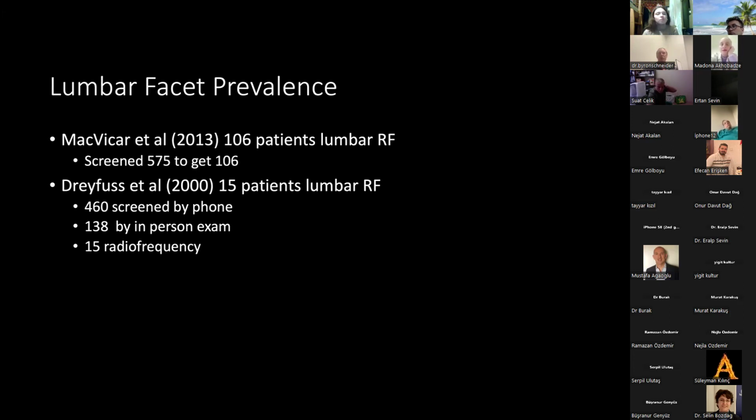And then in Paul Dreyfus's kind of early but pretty seminal study, even if you just look at the 138 people they screened in person, they ended up only treating 15 of those for facet pain.